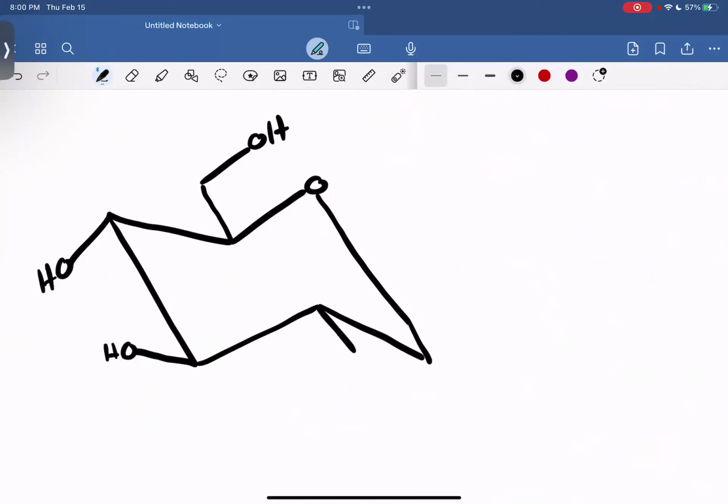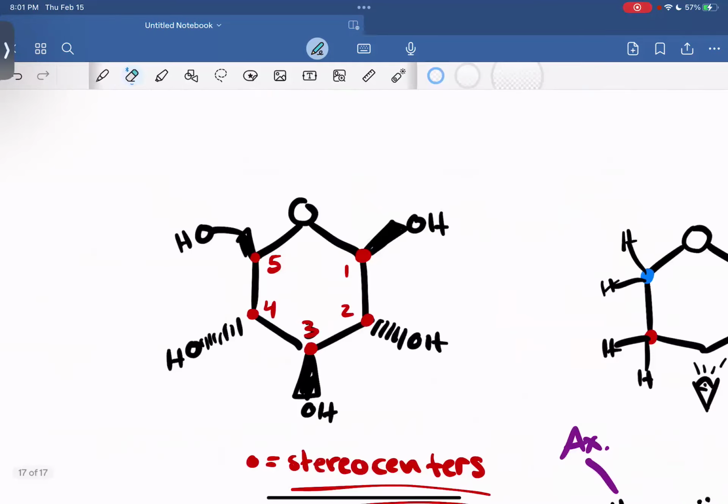Here we don't have wedged, and I'll draw this one in the beta form. We don't have wedges or dashes. But what we need to understand is that carbon 1, carbon 2, carbon 3, carbon 4, and carbon 5 are all stereocenters, like we saw in this guy here.